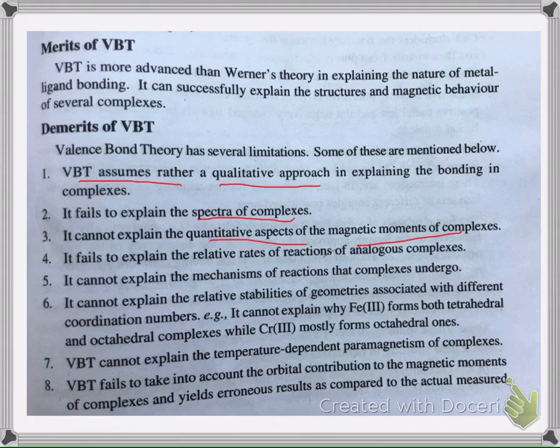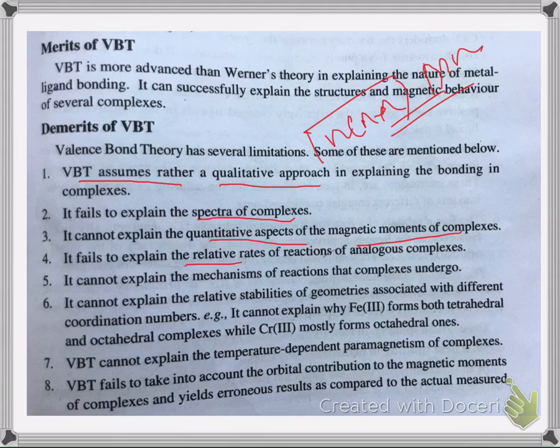Magnetic moment of a complex can be calculated from valence bond theory using the number of unpaired electrons, using the equation root of n(n+2) Bohr magneton, where n is the number of unpaired electrons. But this calculated value will not be the same as the experimental value. So this discrepancy could not be explained by the valence bond theory.